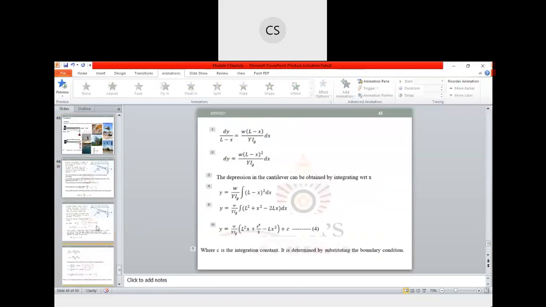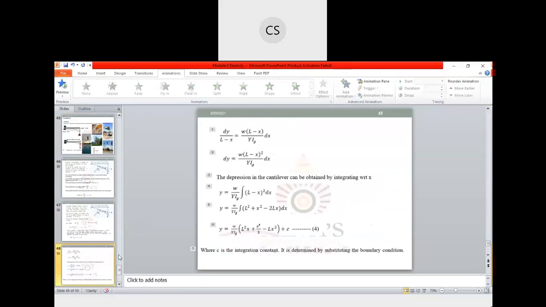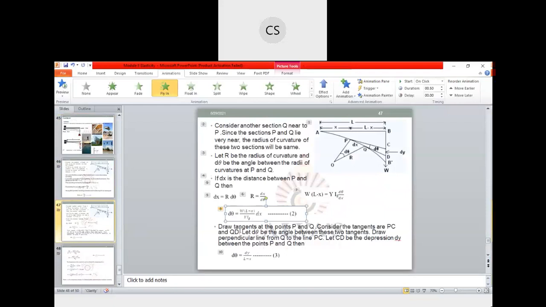Here I pasted. Expression 3, expression 2.